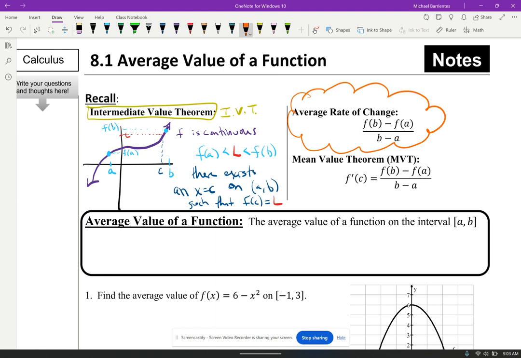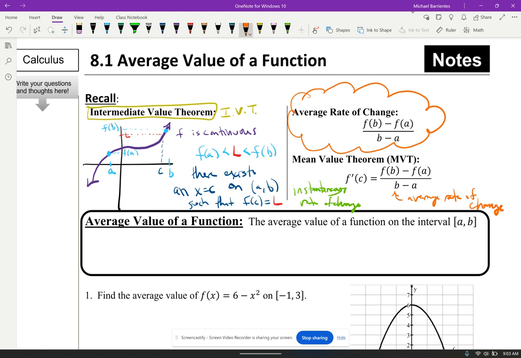And that's related to the mean value theorem, which says if my function is continuous and differentiable on an interval, there exists a point at which the derivative, the instantaneous rate of change, equals the average rate of change.